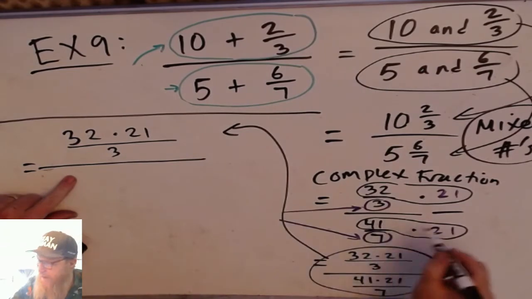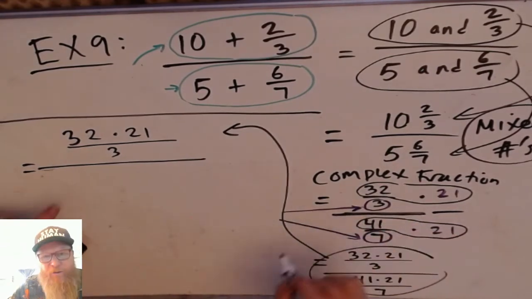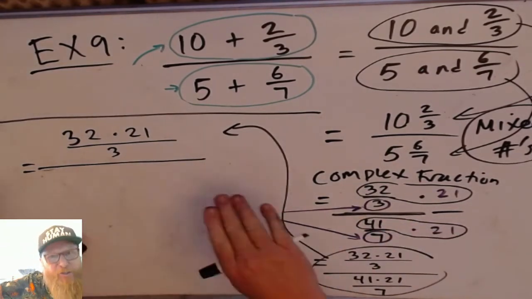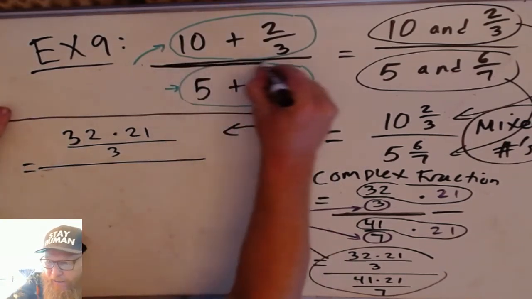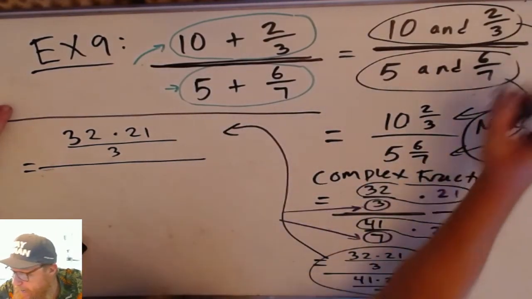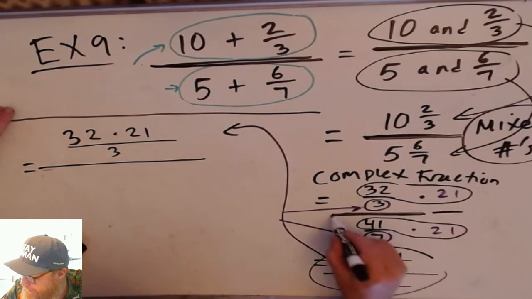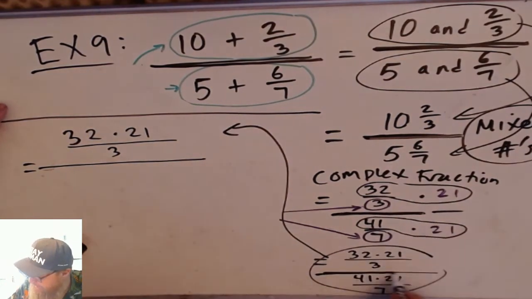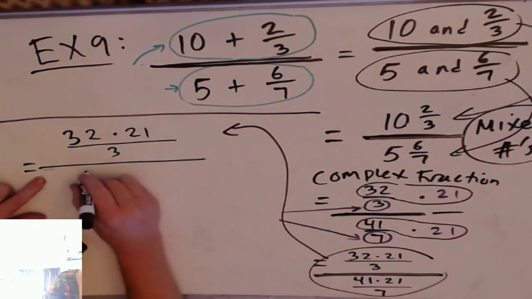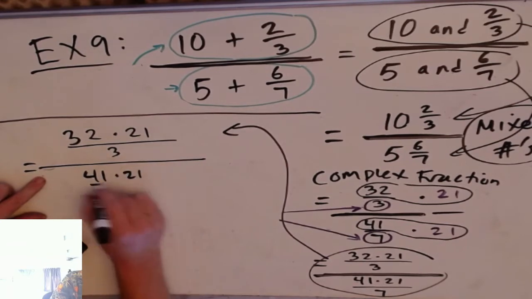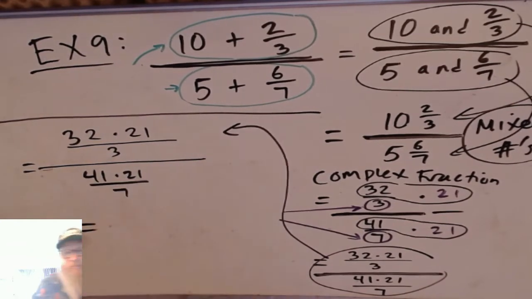With complex fractions, you have to be really careful where the big division bar is, this one here. So I would always make that one extra thick so that you don't lose track of it. And then you've got 41 times 21 over 7.